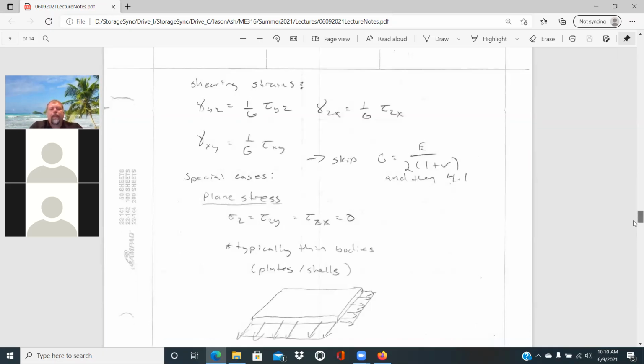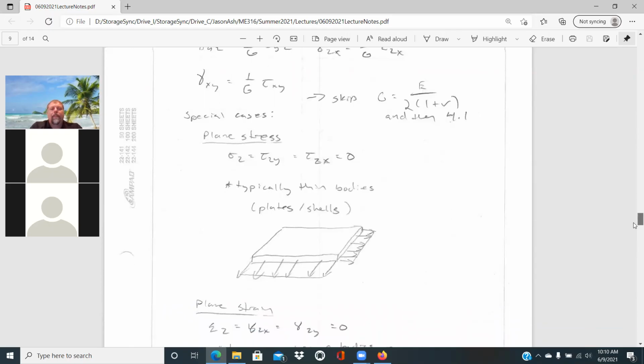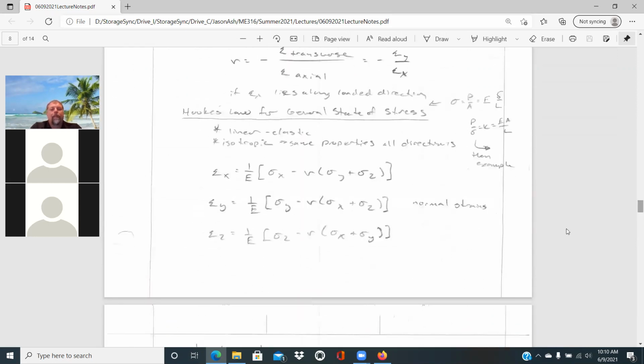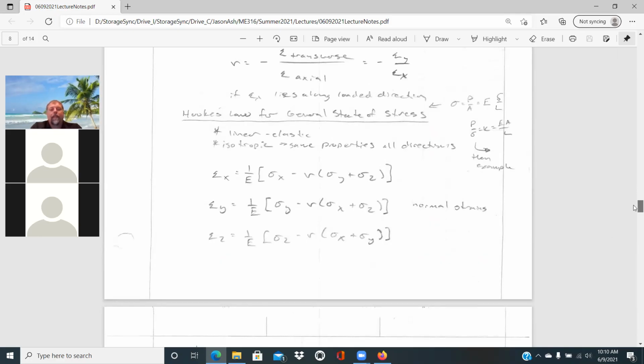And then when you're dealing with plates and shells, you often end up with plane stress or plane strain conditions. That's just where certain stress states are equal to 0. It does simplify your 3 equations and oftentimes 3 unknowns.